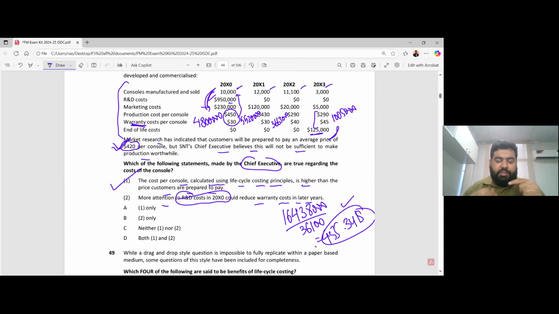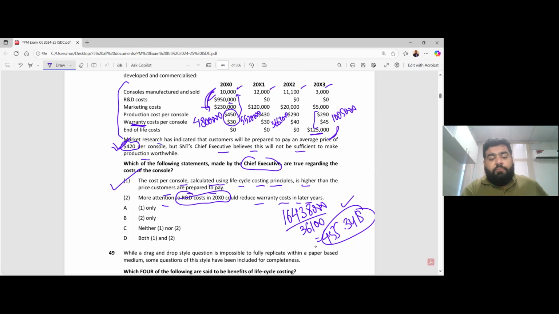If at the research and development phase you focus on the product and on quality, knowing that it can be damaged or affect the customer and they will claim the warranty from you, then obviously if you incur more cost at that point, you can reduce the warranty cost, so it's possible.